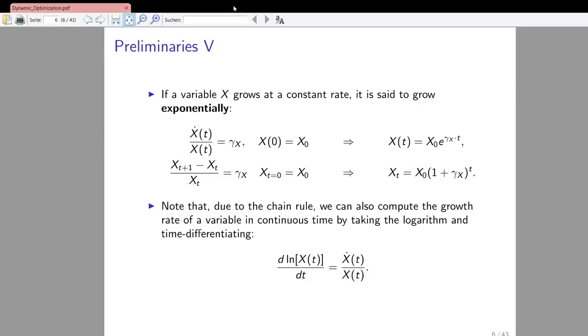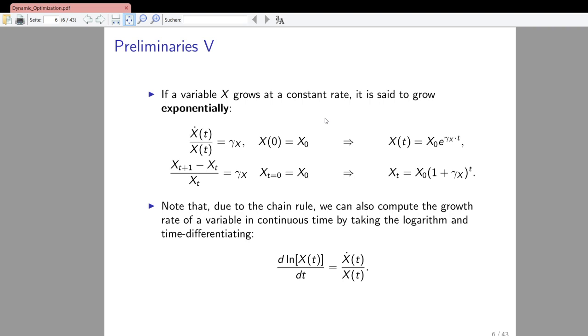Now, if a variable grows at a constant rate over time, then it's said to grow exponentially. So for the growth rates that we had on the previous slide, in continuous time and in discrete time, we can basically calculate the level of the variable x, either in continuous time or in discrete time, at any point in time when we know the initial level of the variable.